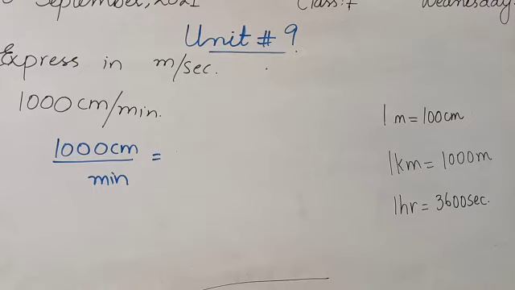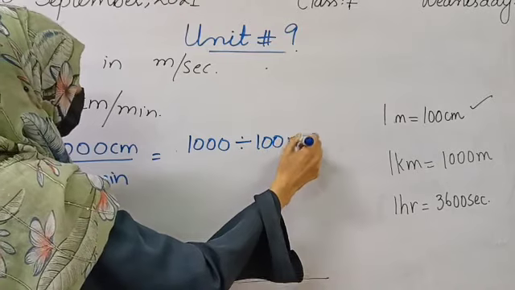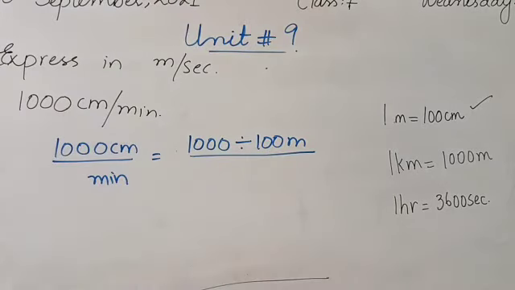So what is the conversion factor for centimeter to meter? 1 meter is equal to 100 centimeter. So if we want to convert centimeter into meter, we'll simply divide it by 100. 1000 divided by 100, now it is in meter. And 1 minute is equal to 60 seconds.